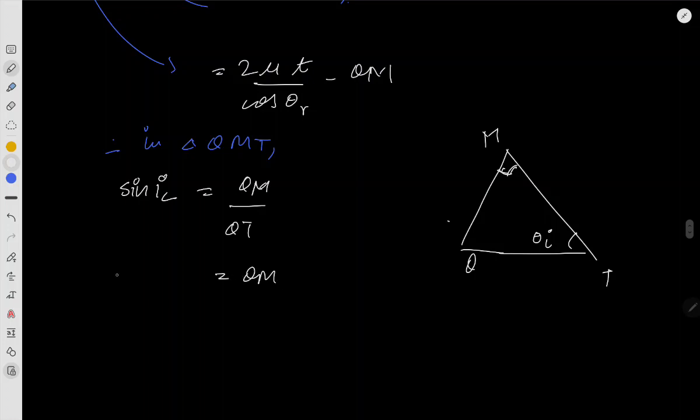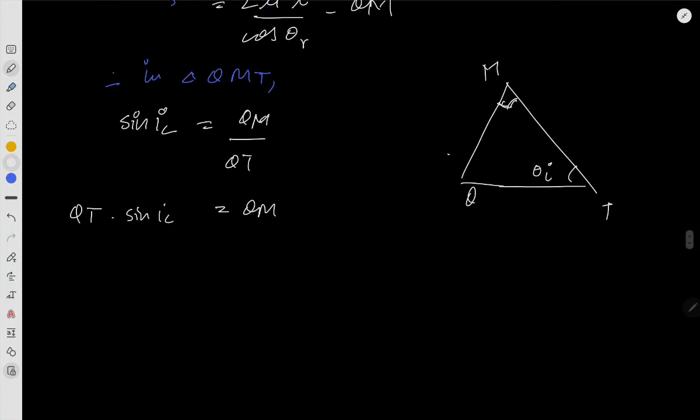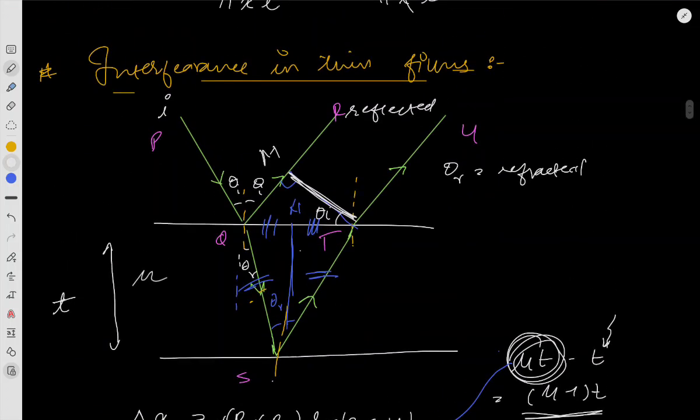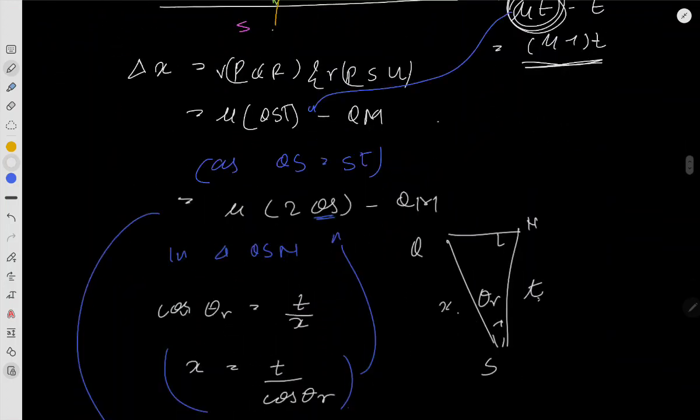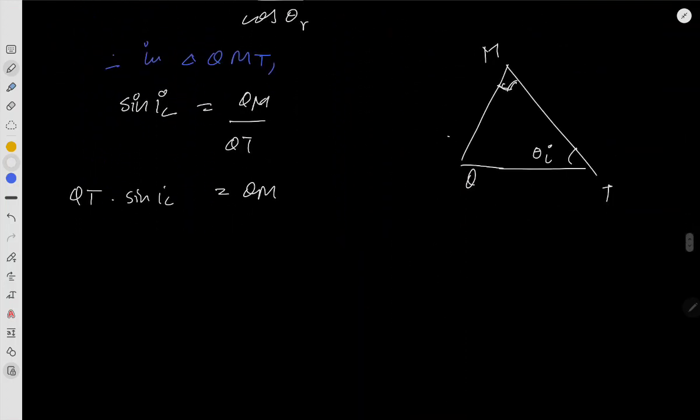So QM equals QT into sine theta I. Now let's see in the triangle where QT is. So QT is the angle which comes in the theta r, or else we can write QT also in terms. QT is the hypotenuse, actually.